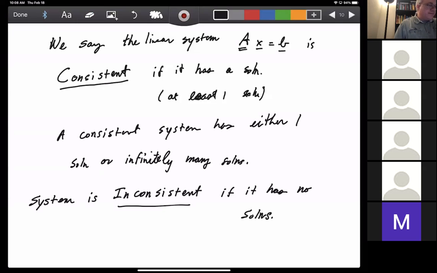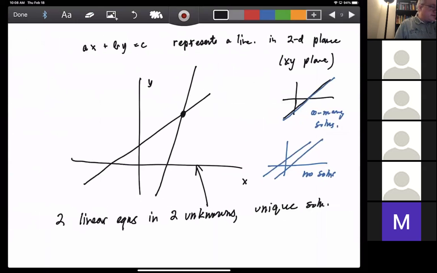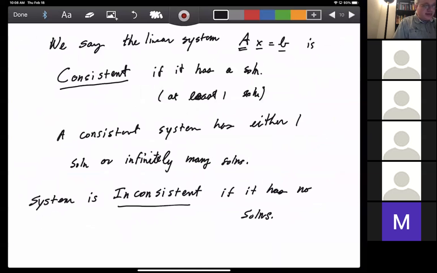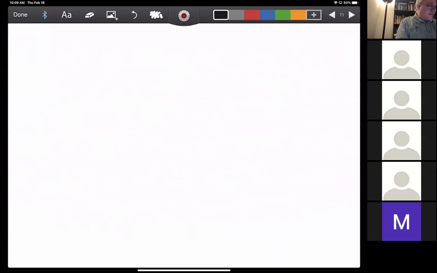And just like we did with lines in the plane, we could think of 3 equations and 3 unknowns, and look for intersections of planes in 3-dimensional space. That becomes too hard for me to draw, so we're going to take a more algebraic approach at this point. And we're going to start this in the 2x2 context.